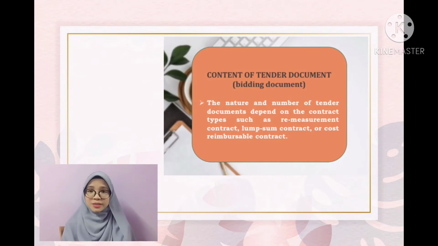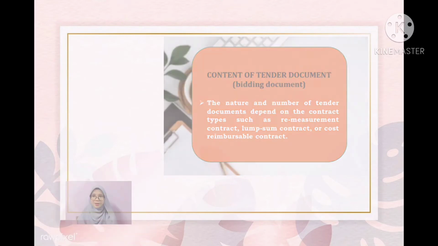Okay, let me start with the contents of the tender document. The nature and number of tender documents depend on the contract types, such as remeasurement contract, lump sum contract, and cost reimbursable contract.